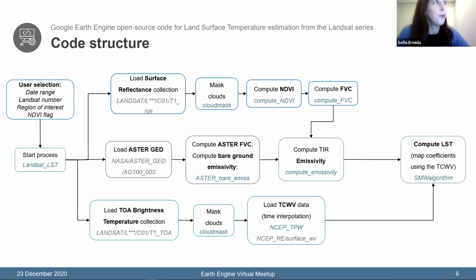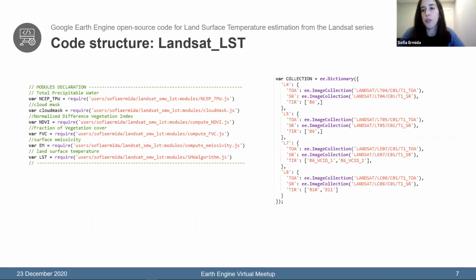So now, going through the structure of the code. There are several phases of data processing before you can compute the land surface temperature. There is a main script, which you could call a wrapper. This is something you usually use in computer science. It basically loads all the modules and defines all the links, the paths to the data, everything that is necessary for the code to run.